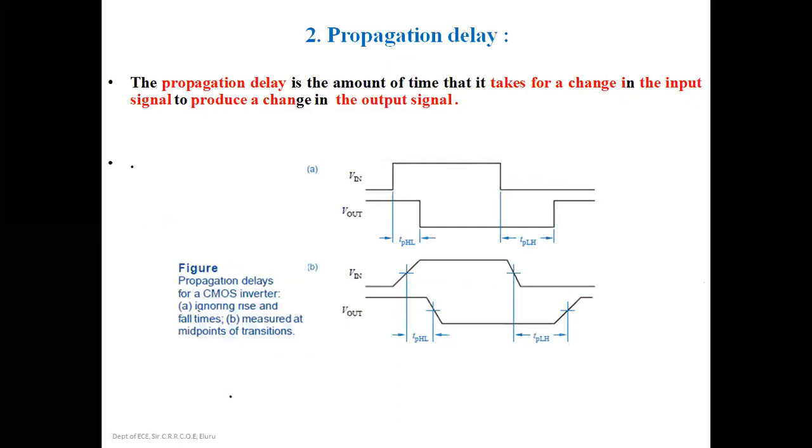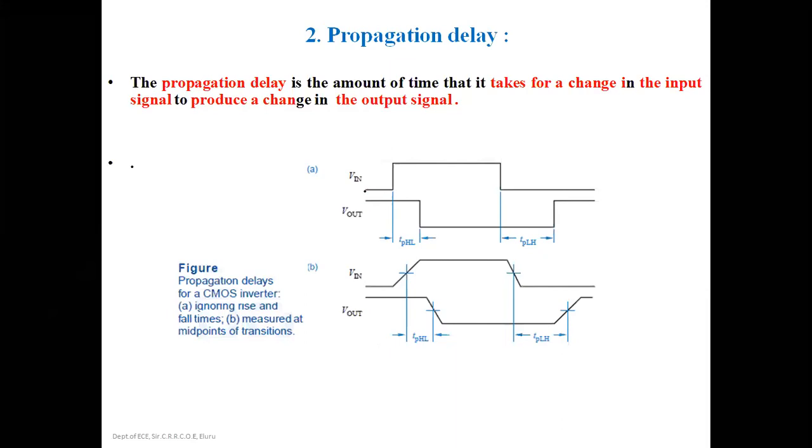Now to understand this propagation delay, let us see this diagram. In this you can observe the input waveform and also the output waveform. See the time required to change the response at the output.